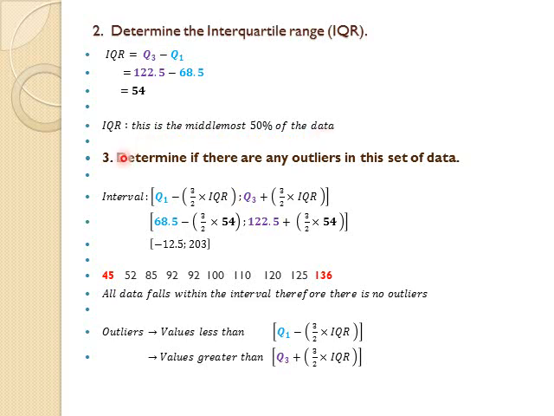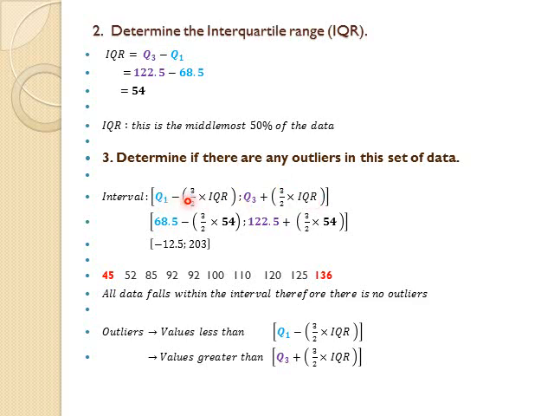Now, number 3, determine by calculations if there are any outliers in the set of data. So the equation for that reads, we first find the interval: quartile 1 minus 3 over 2 times my interquartile range, and quartile 3 plus 3 over 2 times my interquartile range.